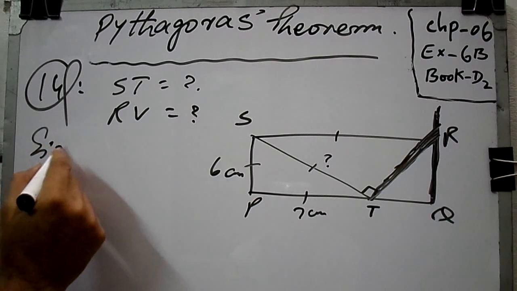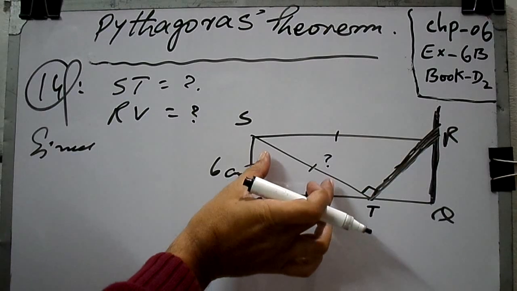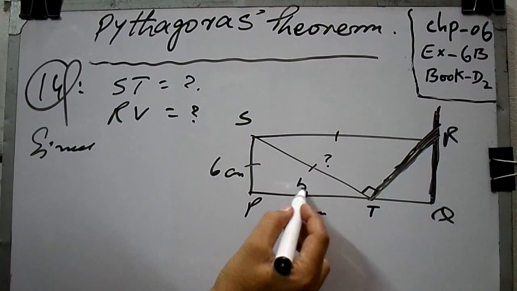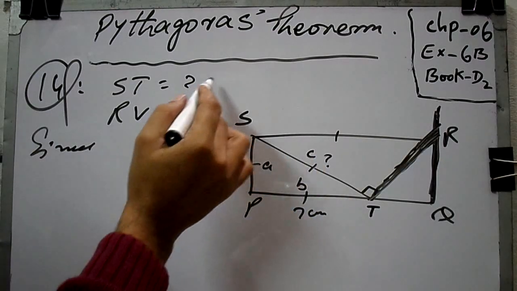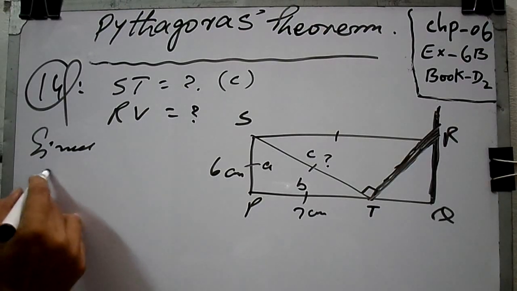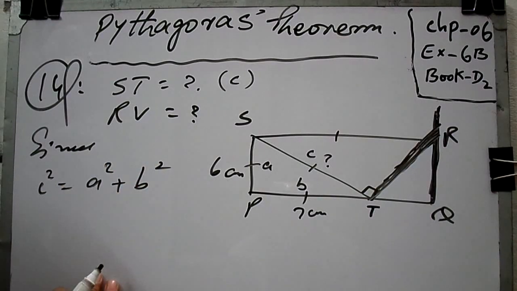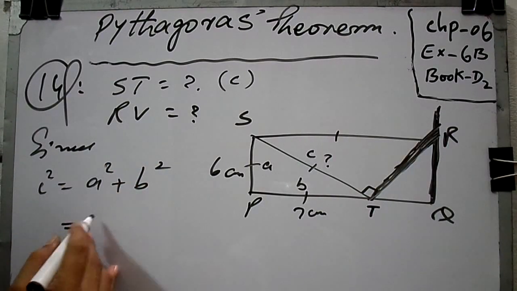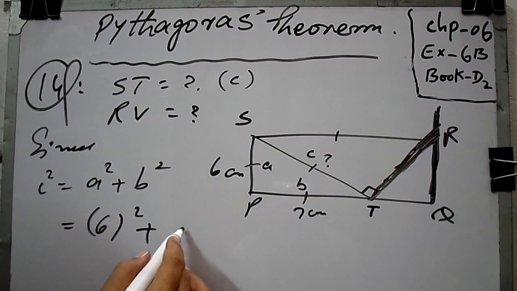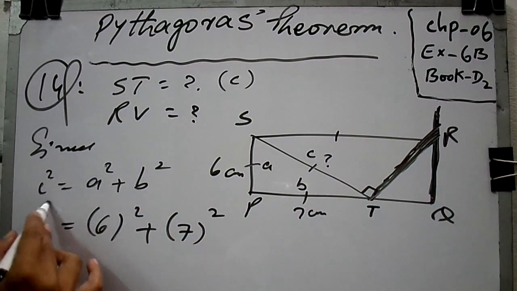By Pythagoras theorem, if we find the value of ST, it represents the hypotenuse, that is C. So C square is equal to A square plus B square. Putting the values, the value of A is 6 and the value of B is 7.